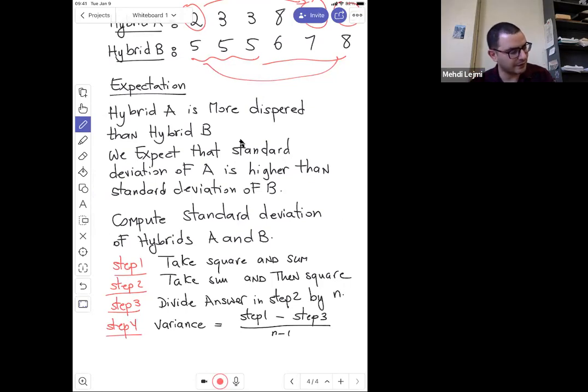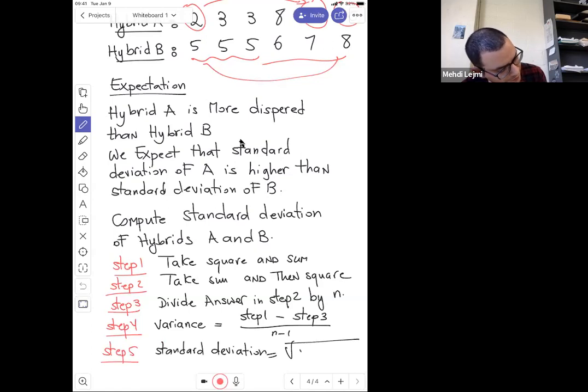So this is your variance, this is your S squared. And then step five, the standard deviation is the square root of the variance.